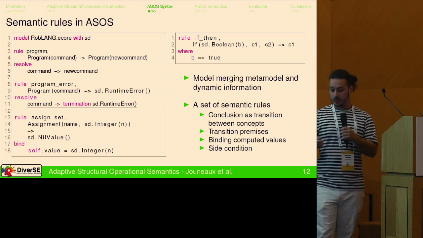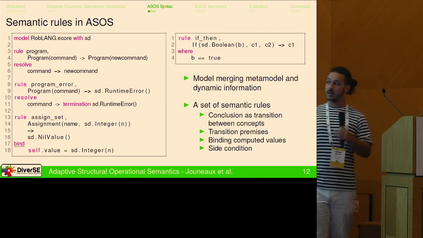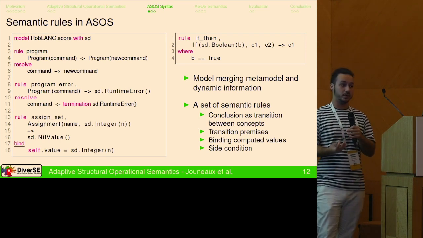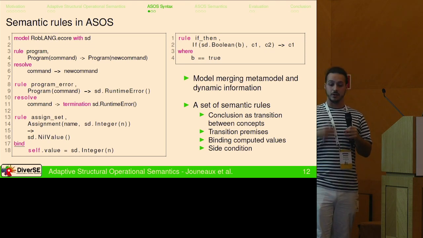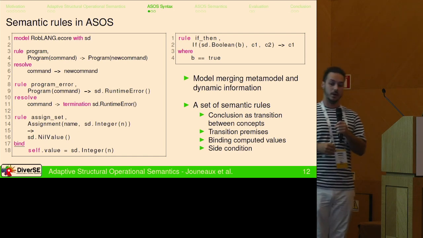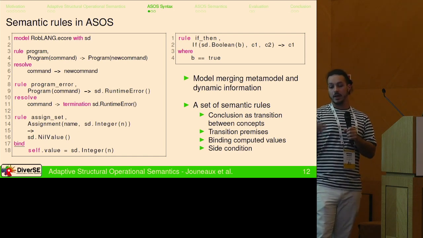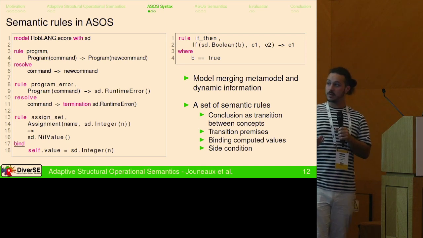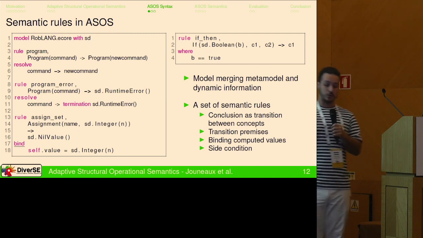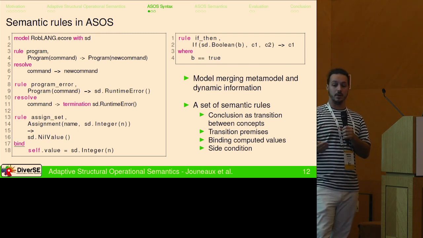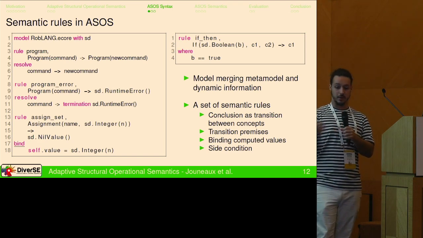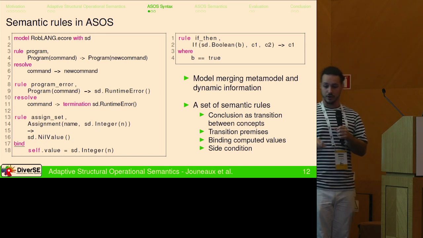In addition to transition premises, we provide bindings. The bind section is related to computing values and storing values, basically. In this case, you have self.value. This value is coming from the dynamic information that was weaved with the metamodel, and the self refers to the assignment that is in the input of the rule. So basically, what we say here is that the current value of the variable which is assigned is the integer that has been computed from the expression.